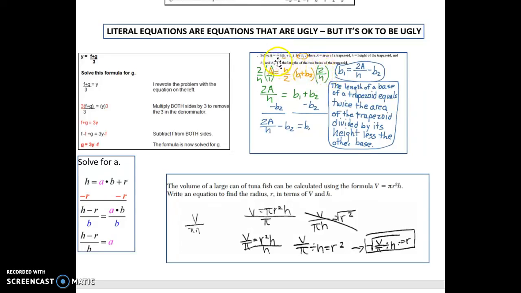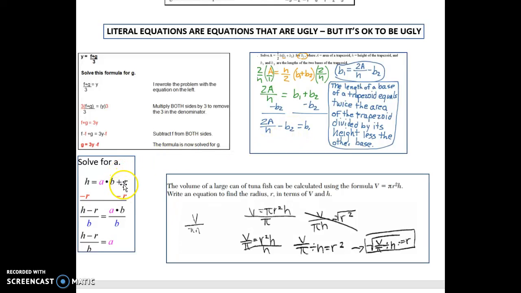You can do it in 2 separate steps. Multiply by 2 on both sides and then divide by h on both sides. If you multiply by 2 and then divide by h, you're left with 2a over h. Our job is to get b1 by itself, so we subtract b sub 2, and the answer, again, really ugly. Don't let that make you nervous.